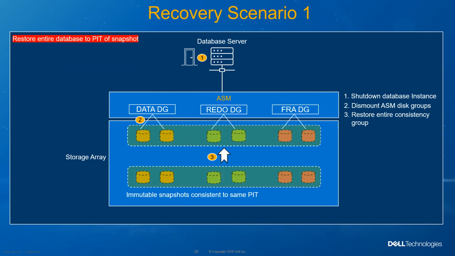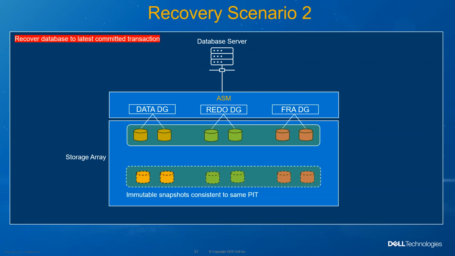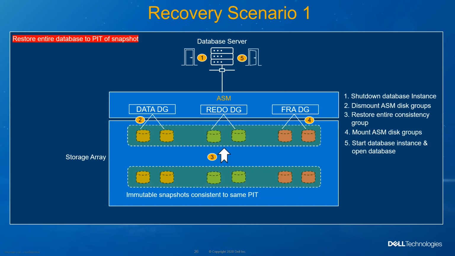And then you would just simply remount the ASM disk groups, start the database instance, and you're away. And that almost immediately restores the entire database to the point in time that the snapshot was taken. And this can be a very useful technique for test dev environments.